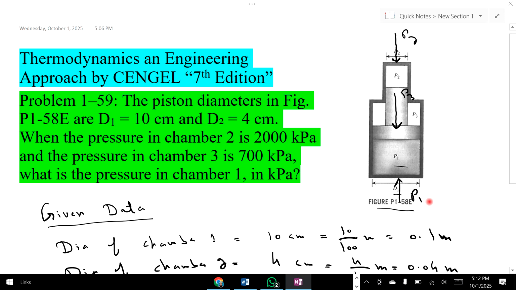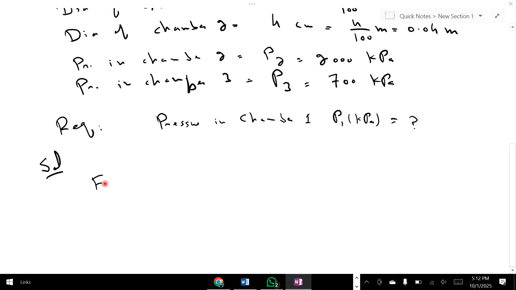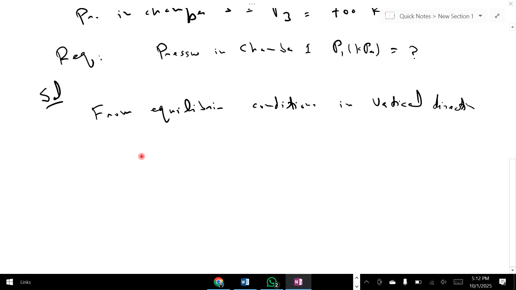If we take the equilibrium condition in the vertical or y direction, upward forces will be equal to downward forces.